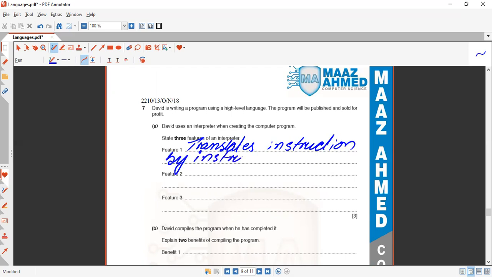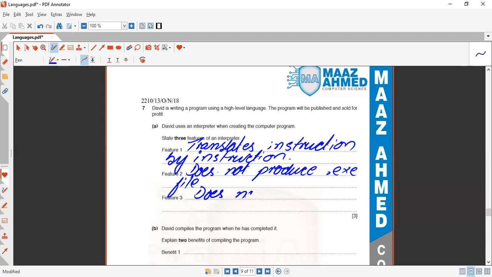It does not produce an .exe file. It does not create an object code.